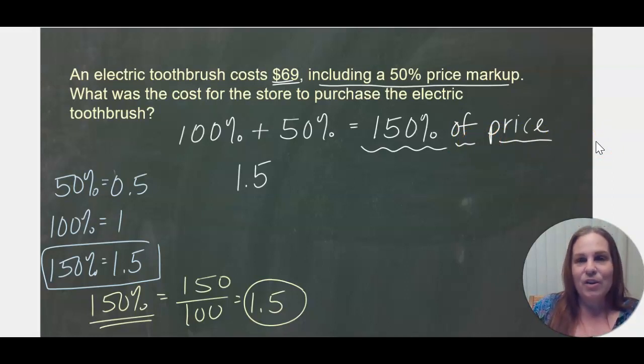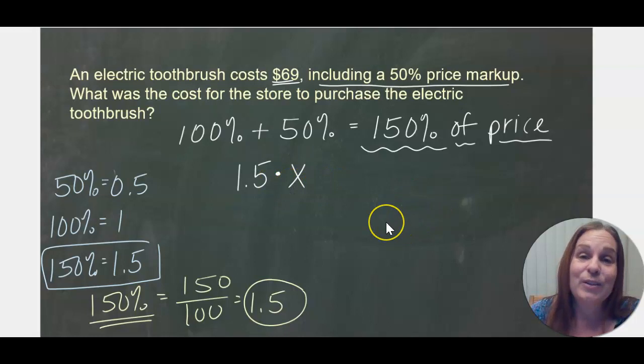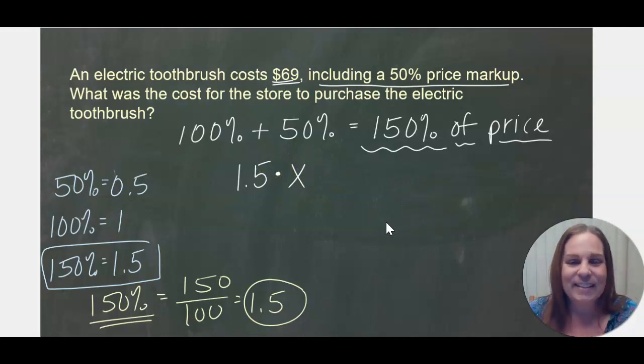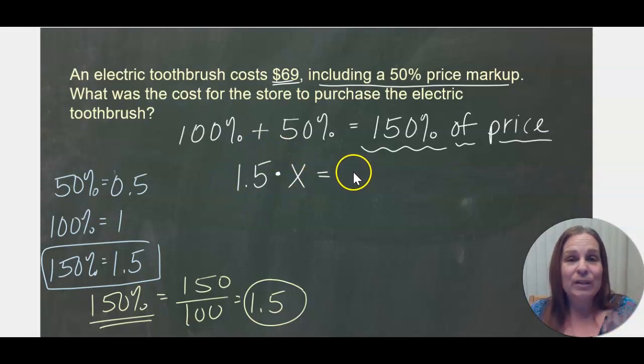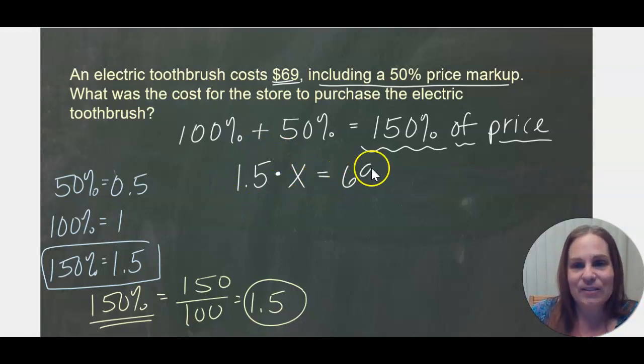Now, we're finding 1.5, or 150%, of something we don't know. So we already talked about that we have to multiply, right? So 150% of something, we have to do 1.5 times something, but we don't know what that something is. So we're going to use a variable. Welcome back, equations. And then we know that the total price including the markup is $69.